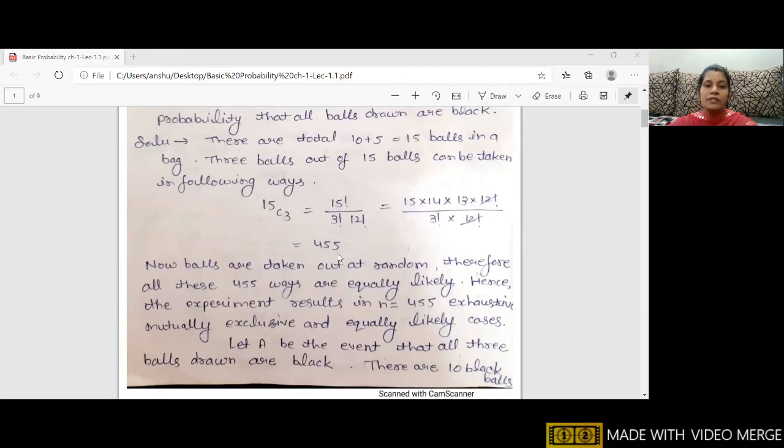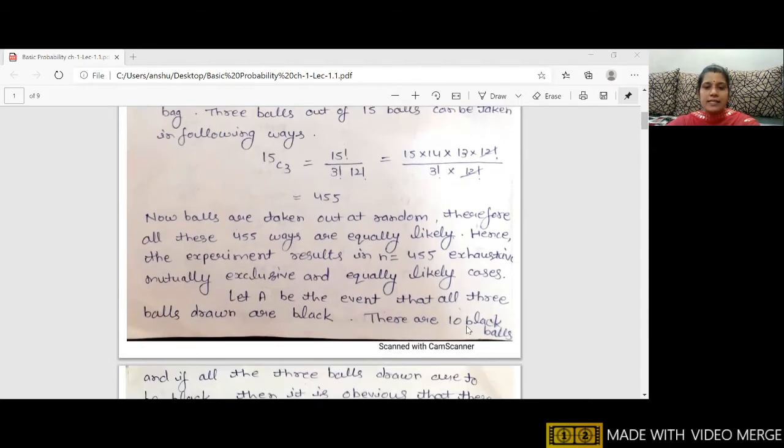So 455 is the total number of cases. Got it? Now balls are taken out at random. Therefore, all these 455 ways are equally likely. Hence, the experiment results in n equal to 455 exhaustive, mutually exclusive, and equally likely cases.